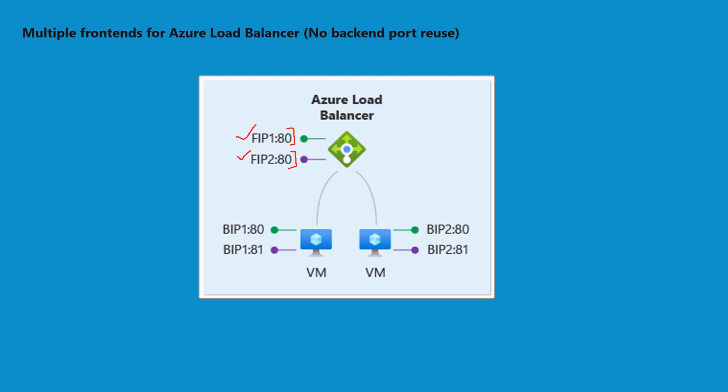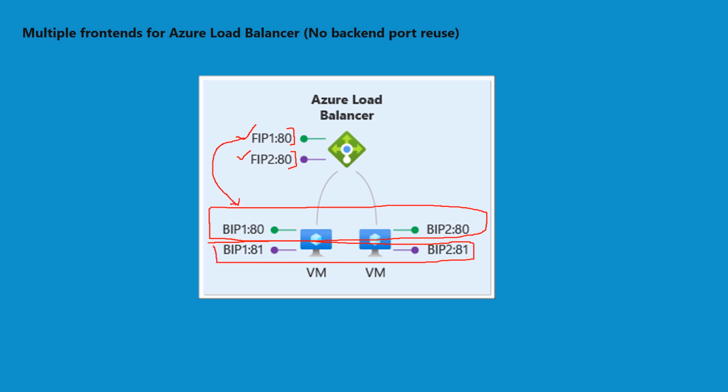Now for FIP1, the redirection pool is going to be this one. And for the second pool, I can create a pool like this, and those can be basically mapped. And this is perfectly fine.